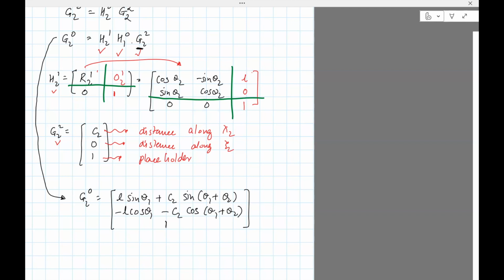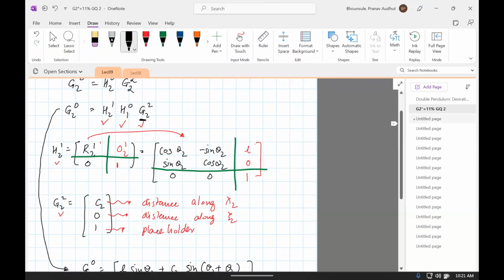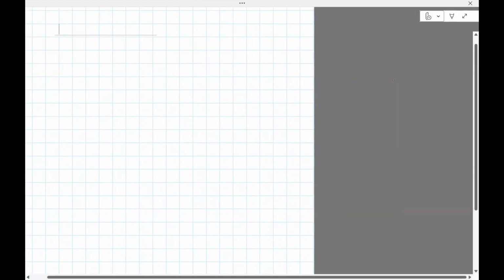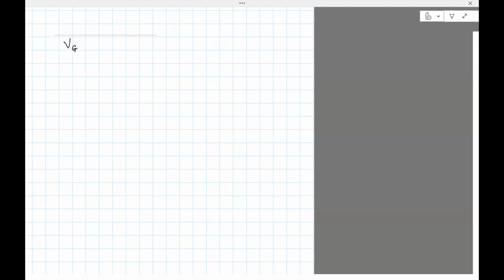In order to find the Lagrangian, we need to compute the velocity. So let's do the computation of the velocities. So we need the velocity of G1 in frame 0.